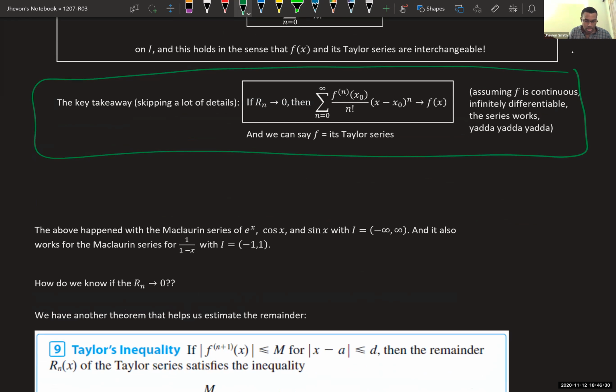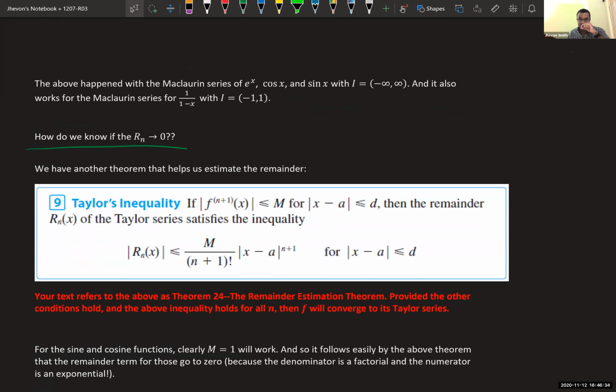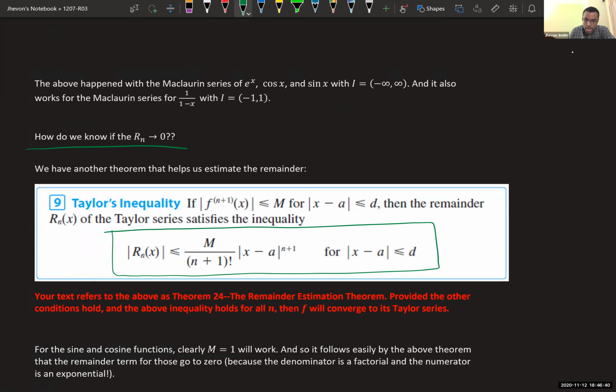So you might have the question, well, how do we know if the remainder term approaches 0? And there's another theorem that says that. It turns out that we know for sure that this is a bound of the remainder. If your n plus first derivative is less than or equal to some positive number M, then your remainder term would be bounded by this inequality here. So in the case of sine and cosine, taking M equals 1 is going to work.